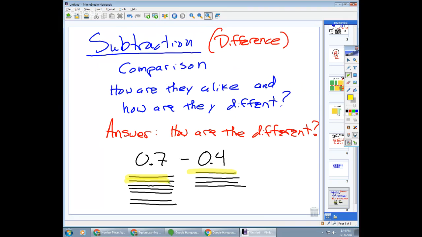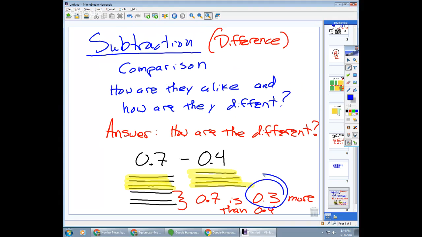They're alike in that they both have 4/10 in common. But they're different in that 0.7 is 3/10 more. So that difference is the answer.